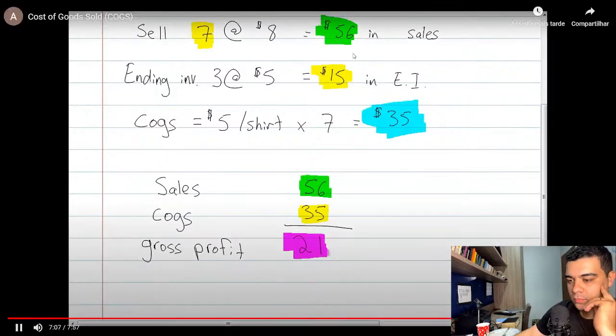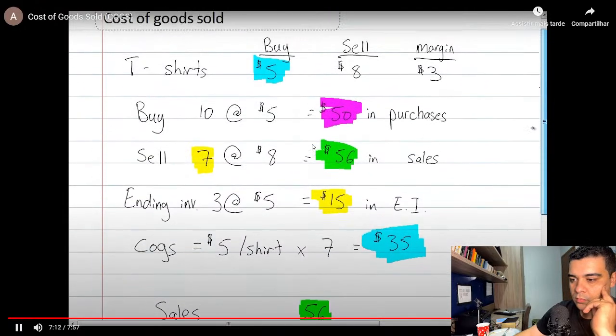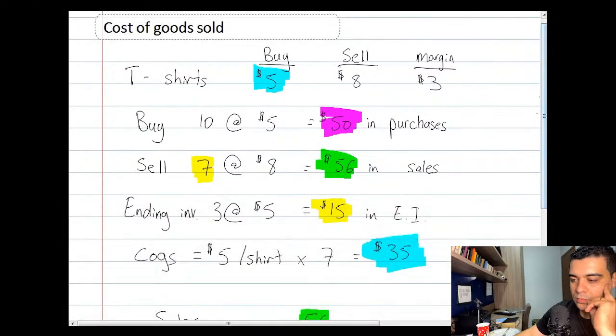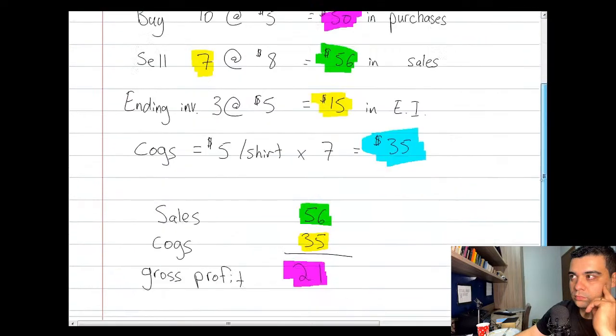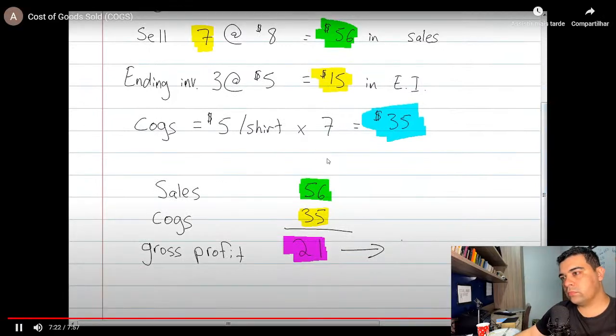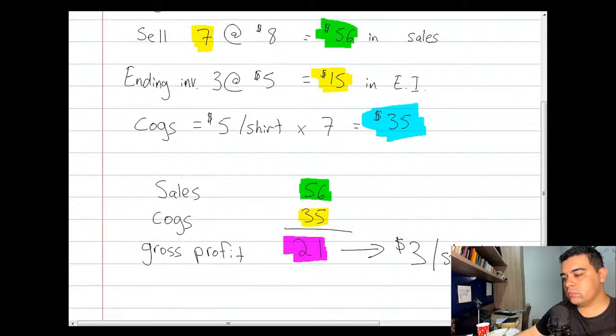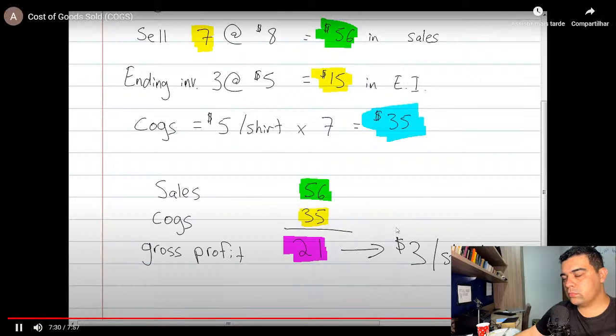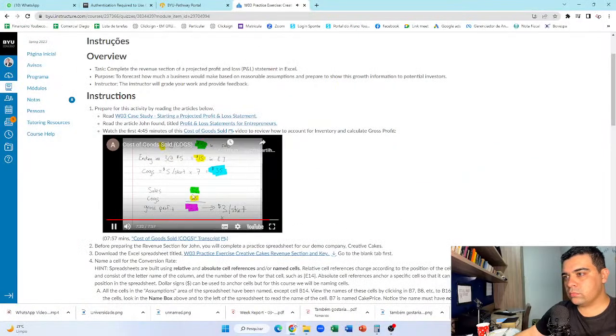And so another way we could actually calculate that $21, we determined at the beginning that off of each shirt we sold, we were making $3. So another way I could calculate this $21 is to say, well, okay, our profit off of each shirt was $3, and then I could just multiply that by the number of t-shirts which I sold, which was 7.